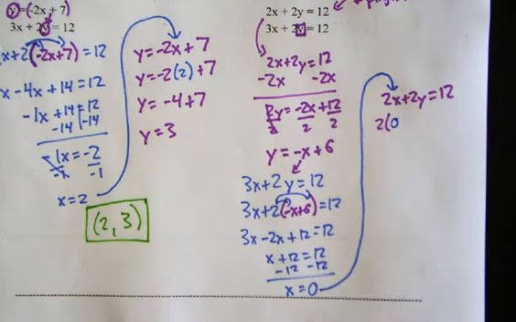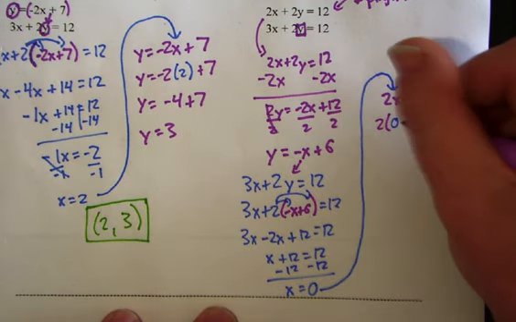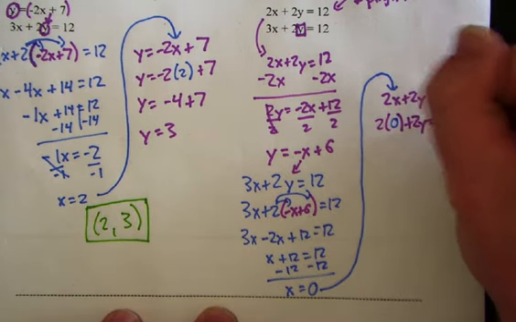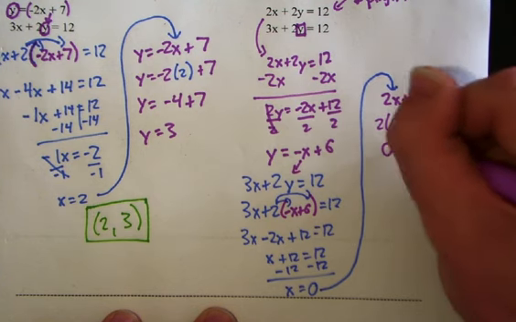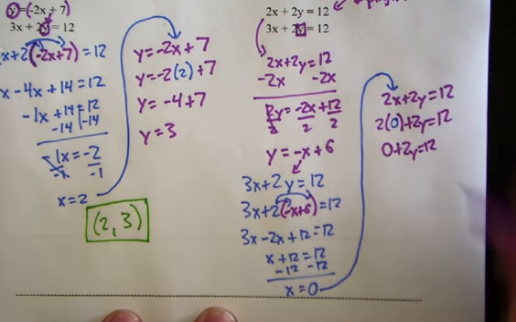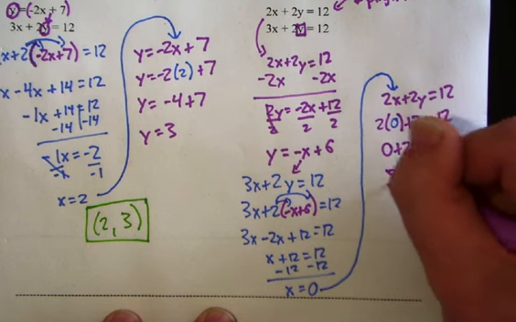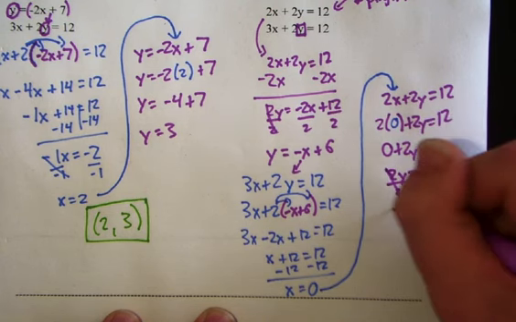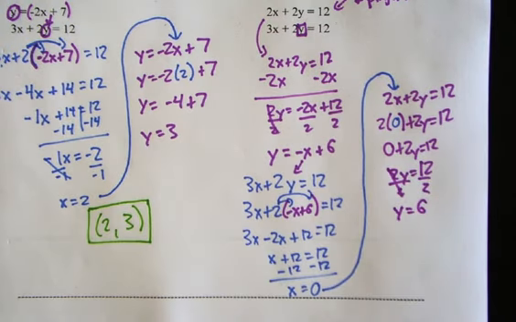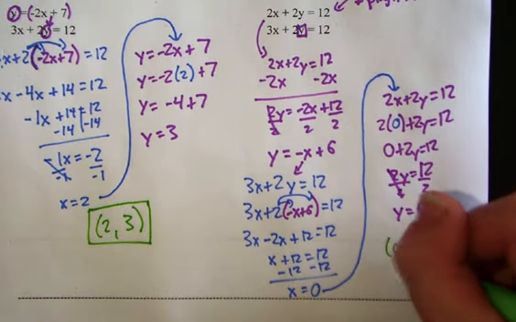It's kind of crazy when I have to switch pens so much. Right, 2 times 0 plus 2y equals 12. So this just becomes 0 plus 2y equals 12. So 2y equals 12. Divide by 2. Y equals 6. And that gives us our point, 0, 6.